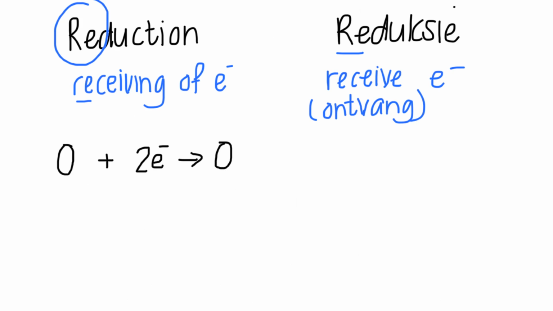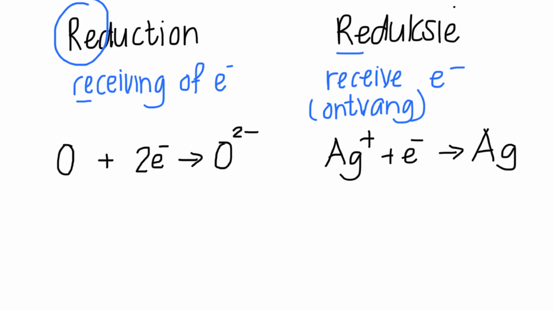An oxide ion with the 2 extra electrons is an O2 minus. Or it could be something where there was already a cation, something like a silver cation, Ag+, which receives an electron to form silver. All of them were receiving because it was plus 2 electrons, plus an electron.